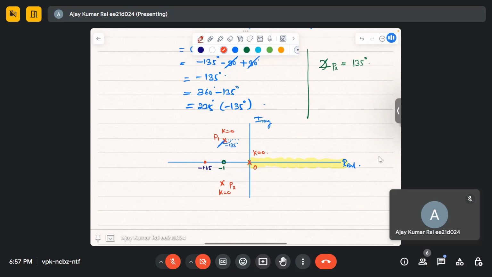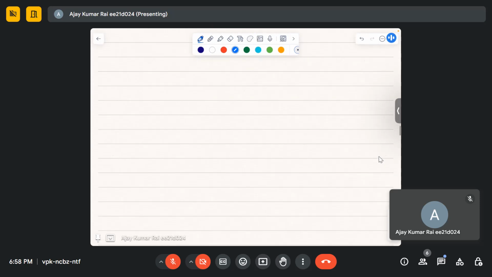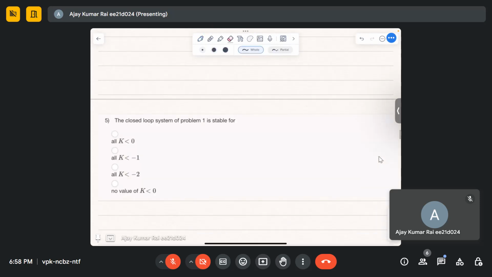P2 is 135, so it will be like this. From the real axis, this is 135. This is the angle of departure.